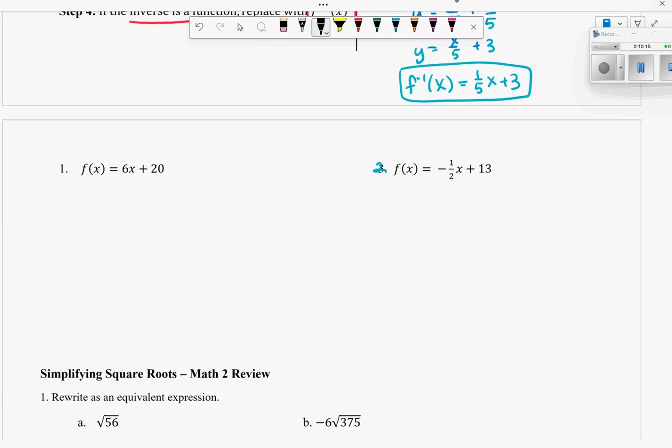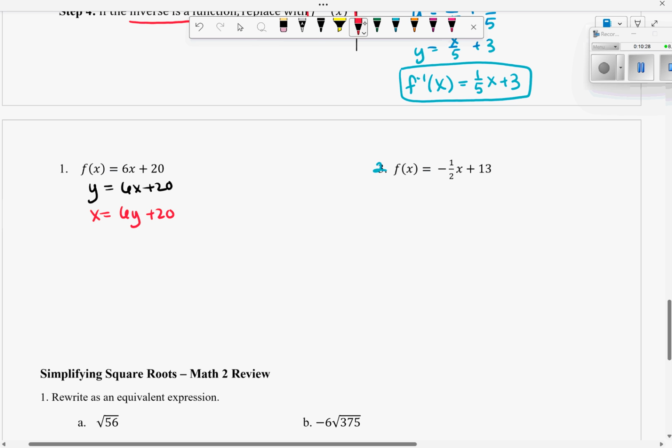So again, when you're doing this problem here, make this y equals, switch your x and your y's. And then subtract the 20. Divide by 6.